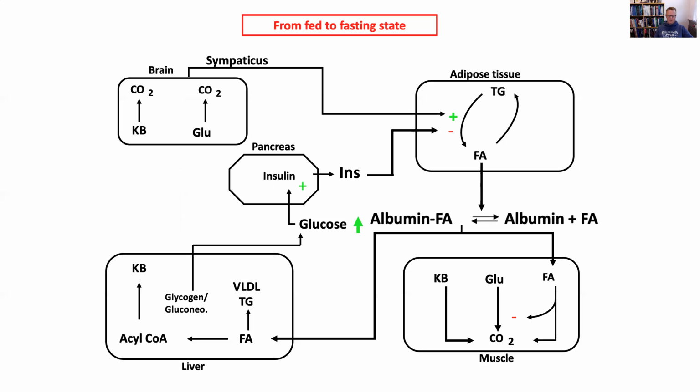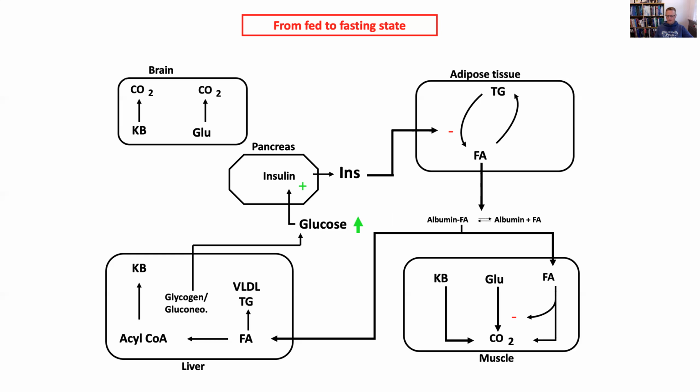At the same time, the brain can sense that the glucose level is slightly increasing, and this will obviously result in a decreased activation of lipolysis from the sympathetic nervous system, overall leading to a decrease in lipolysis, and this will obviously result in lower concentration of fatty acids in our circulation.